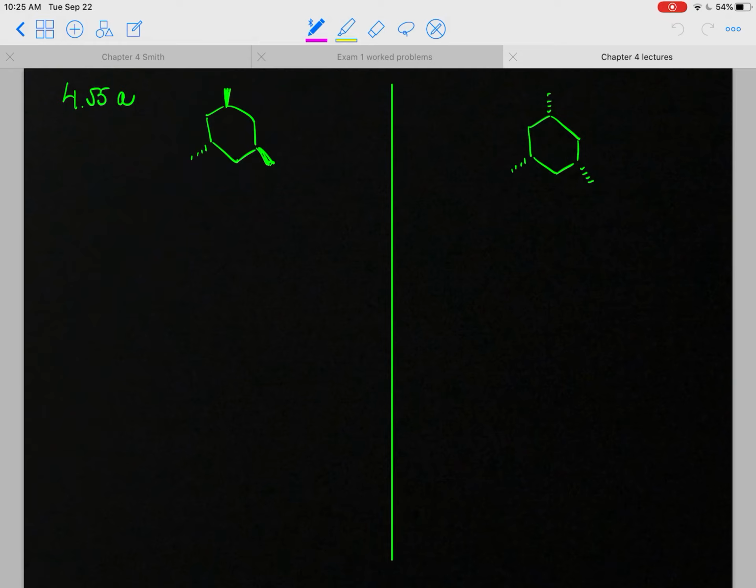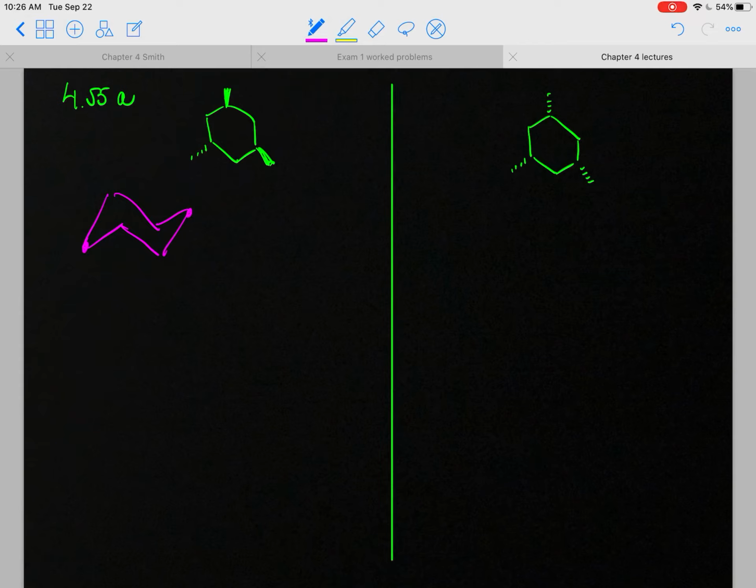So let's jump in. For A, we're analyzing this tri-substituted cyclohexane, and we just want to draw both chair conformations and take a look. So let's draw the template here.